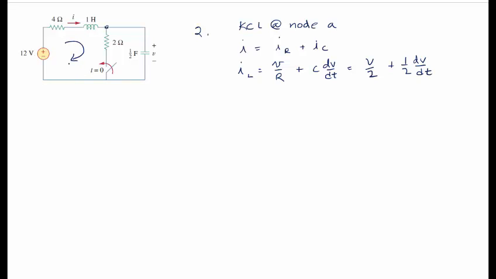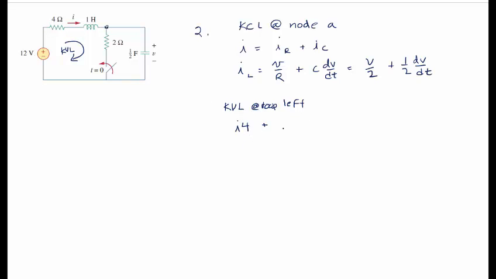I mean KVL, sorry, KVL. This is not present in there, but if I just apply KVL around the left loop, it's I times 4 ohms is that voltage drop, right?